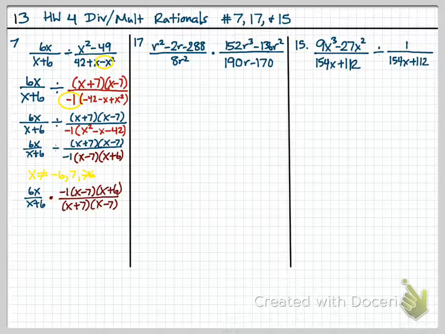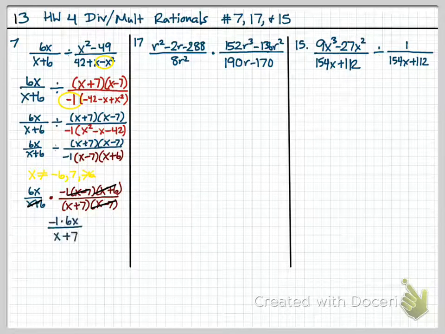So now what we do is we change that division to multiplication, and we do the reciprocal. So the division in magenta, red, whatever color that is, you see it's now multiplication, and it's the reciprocal. What was in the denominator is now in the numerator, and vice versa. We take a look at this and see if we can cancel things. Well, x plus 6 can cancel, the x minus 7's cancel, and that's what we're left with.